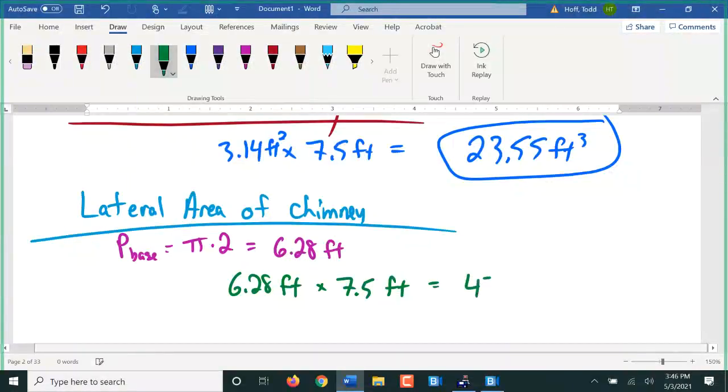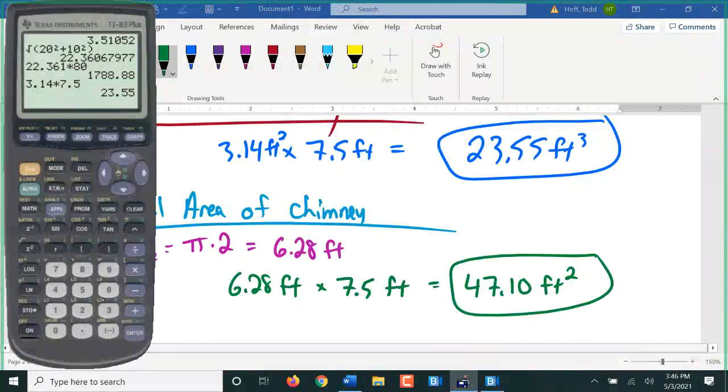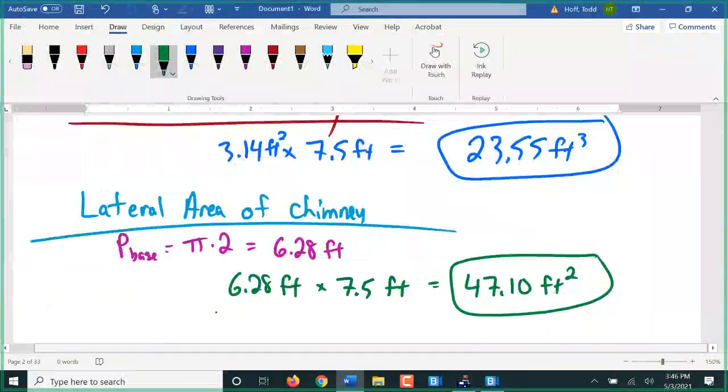Ends up being 47.10 square feet. I think I've done about all I can do with that problem. Just adding it together? No, you can't add them because this is a volume and this is an area.